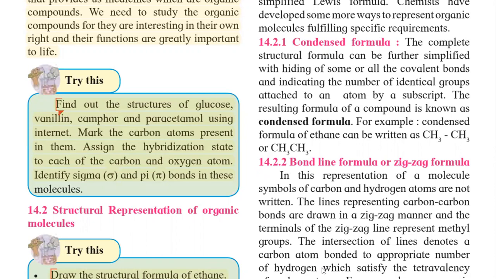Assign the hybridization state of carbon. What is hybridization? When elements combine with each other, they form a molecule. For example, when carbon and hydrogen combine with each other, if there is a carbon-carbon single bond, then the type of hybridization is sp3.